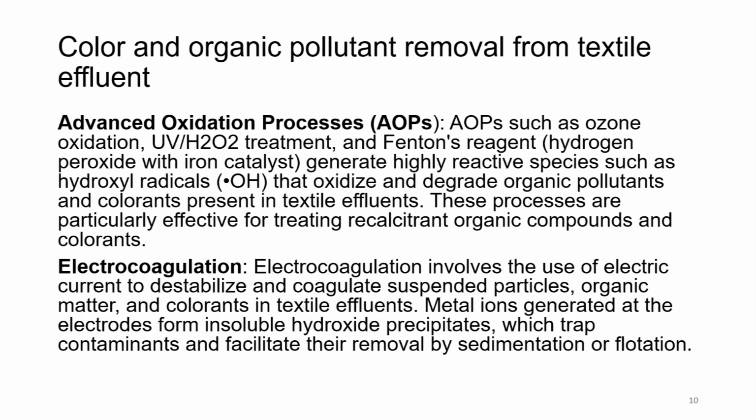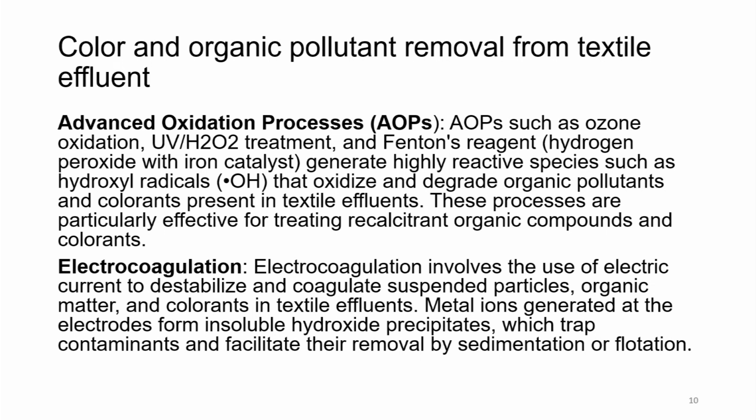They are very powerful oxidizing agents and therefore, they can work on the pollutant very effectively. These processes are particularly effective for treating recalcitrant organic compounds and colorants, which are not easily breakable, are called recalcitrant.